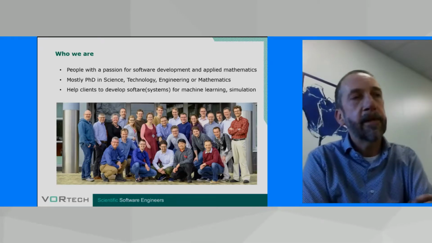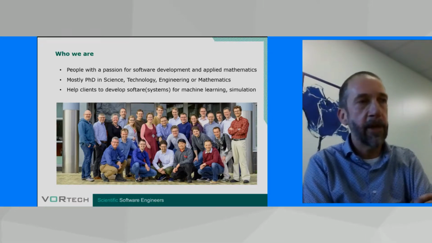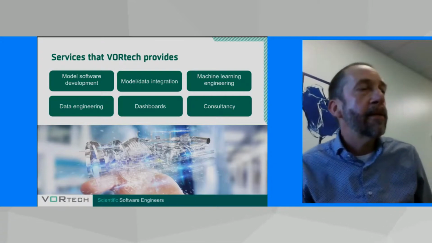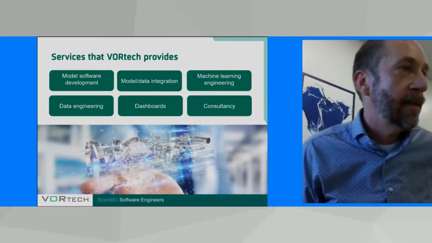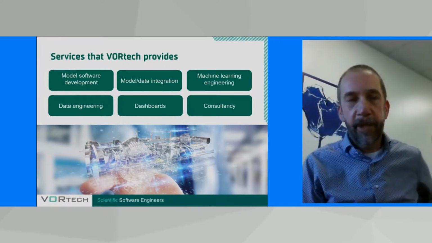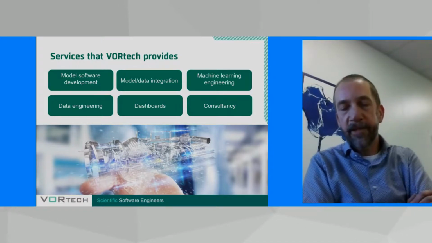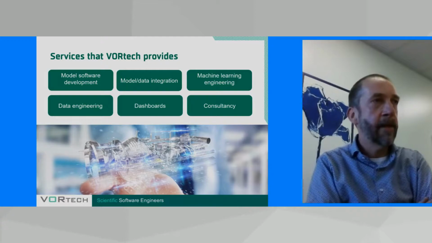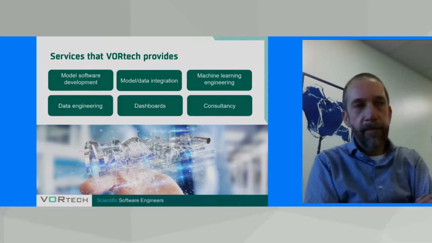In fact, any software with a large computational part is where we like to operate. And what we do in practice are these kinds of services. So we develop model software. And by that, I mean the traditional kind of models, so equation-based models. That is where we started some 25 years ago.